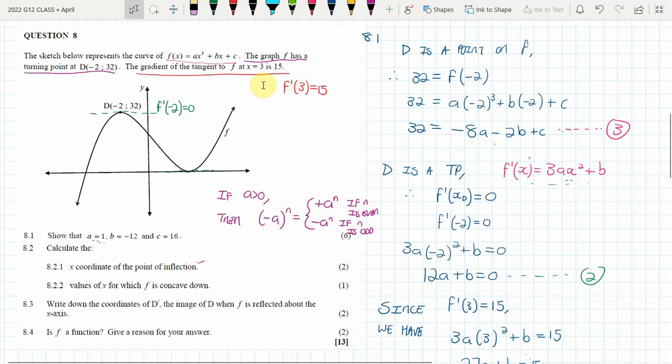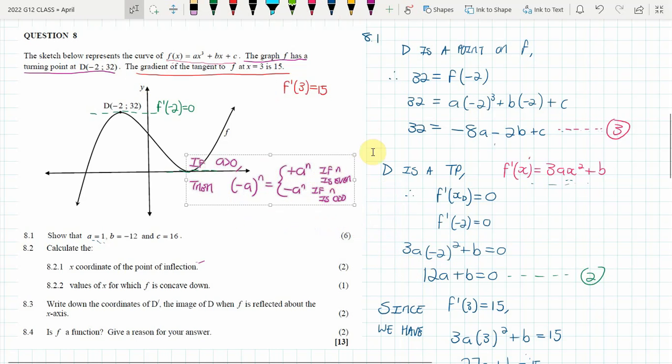Okay, so we put those values. Now, this was 6 marks. So now we are required to calculate the coordinates of the point of inflection. Now, how can we do that?